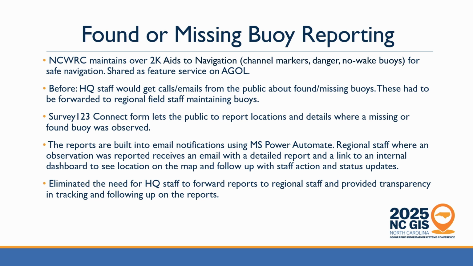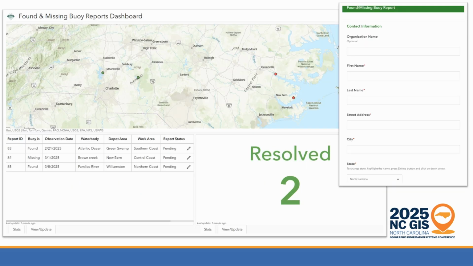That email notification has a link to a dashboard where the staff can easily see the location on the map and follow up with action taken and status of the report. That solution eliminated the need for headquarters staff to forward reports to regional staff and provided transparency in tracking and following up on those reports.